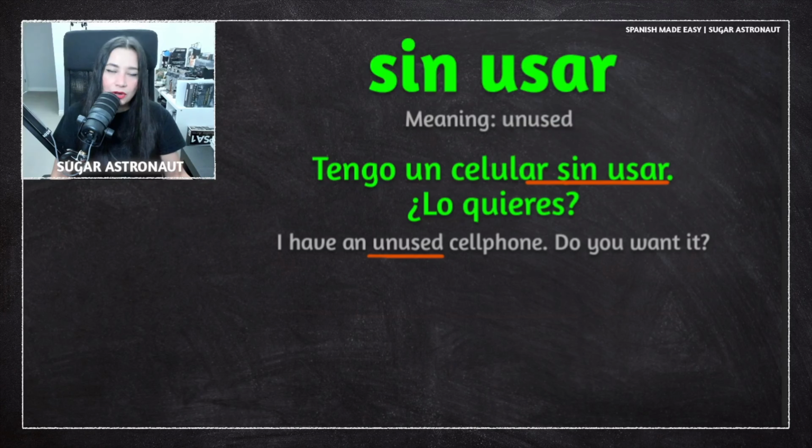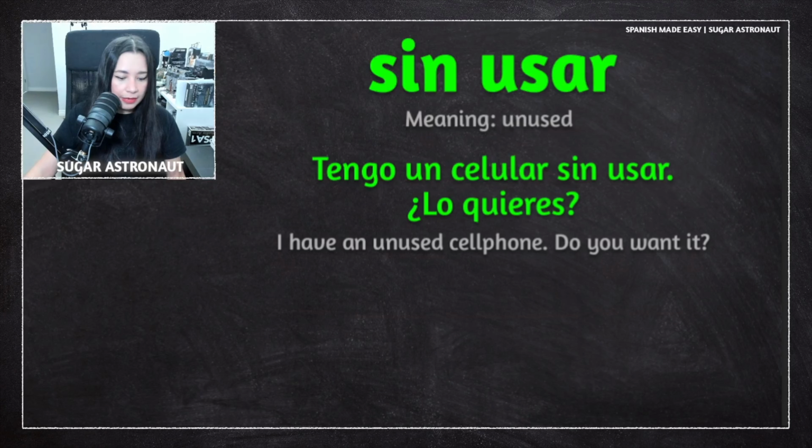And you're not using it. You're not gonna use it, so you can just give it to someone who needs it. Okay, so this term is about that. It could be new, it could be kind of old, but it's unused. Okay, so that's pretty good.